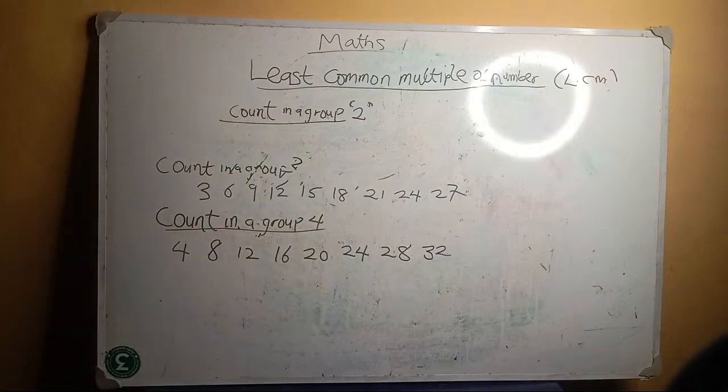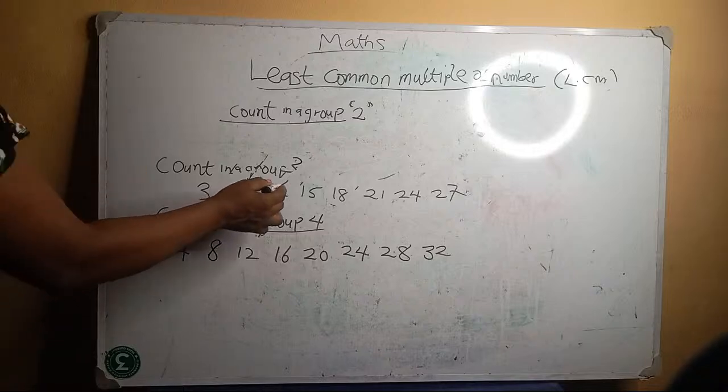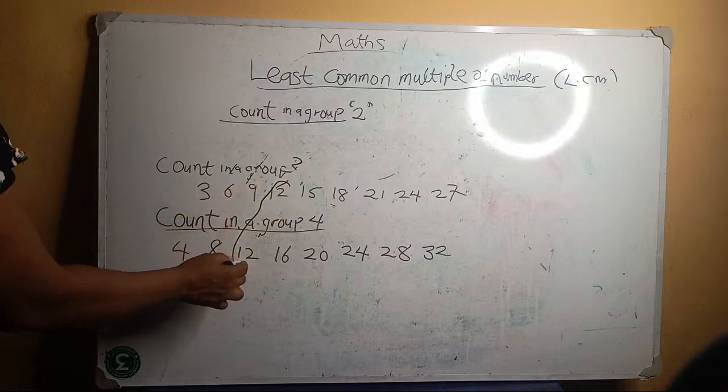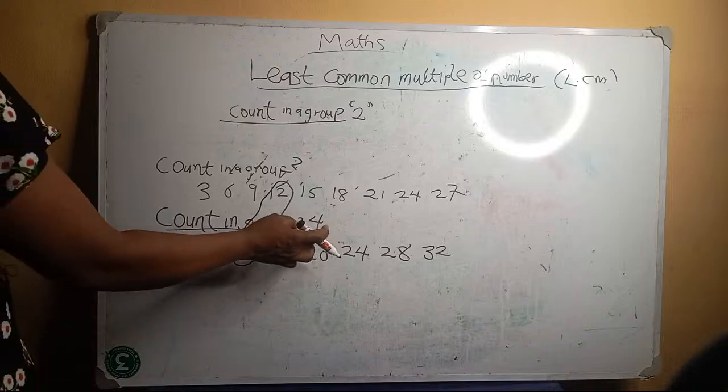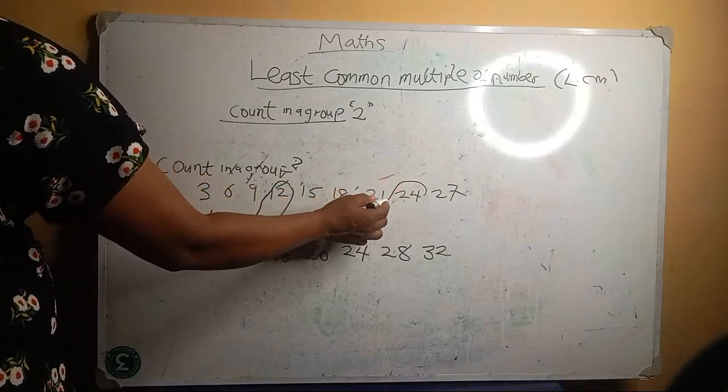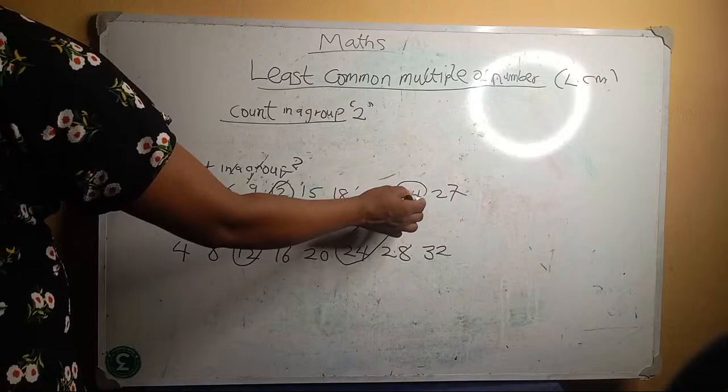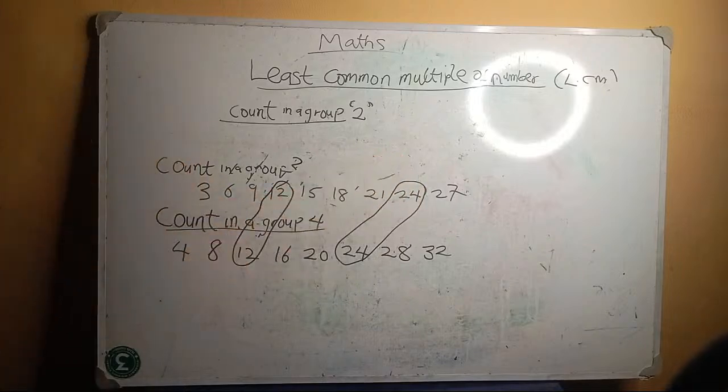So to find the common multiple of 4 and 3, let's see whether we have it here. We have 12. Yes? What again do we have in common? 24. Did you understand? Hope you are getting what I'm saying here.